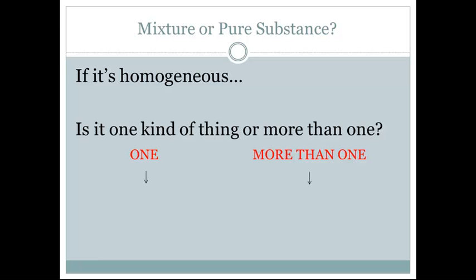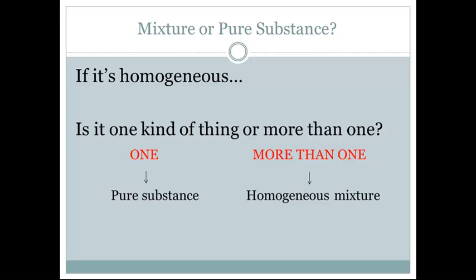There may be some other minerals in it. And so even though it is homogeneous, it may have more than one kind of thing in it, in which case it is a mixture. It's a homogeneous mixture. It's not a heterogeneous mixture because it's uniform. But it's still a mixture because it's more than one thing in it. So we call that a homogeneous mixture.